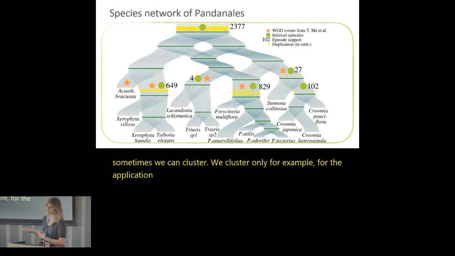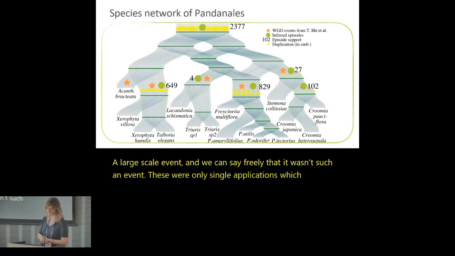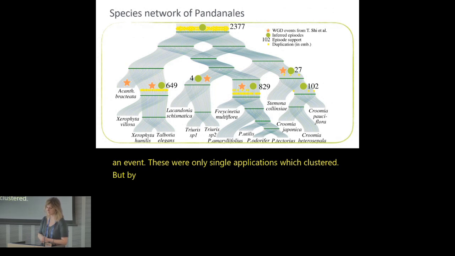So this indicates that it was not a large-scale event, and we can say freely that it wasn't such an event. These were only single duplications which clustered by accident, let's say. Yes, it's about the interpretation.